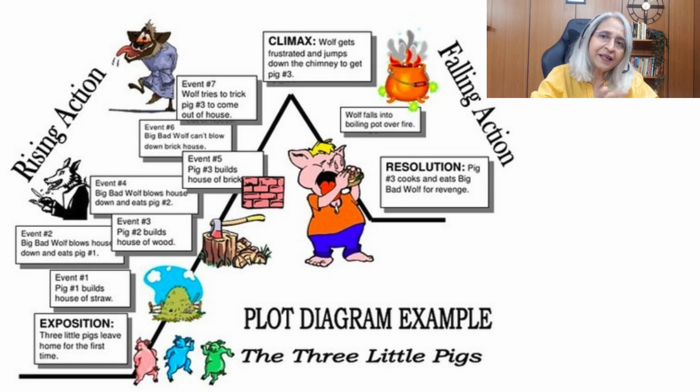And then the second pig becomes slightly wiser, and he builds this house with wood, and that's also blown down by this smart wolf. And then the third pig is the wisest of all. He builds a house with bricks, and then he knows the wolf is going to come. He puts this huge pot with water in the fireplace to boil.